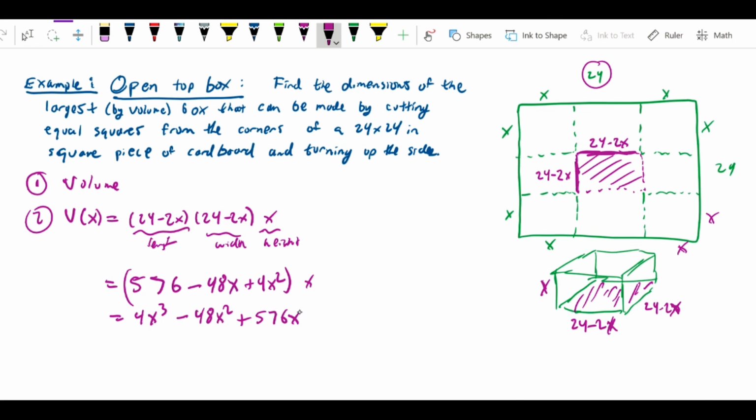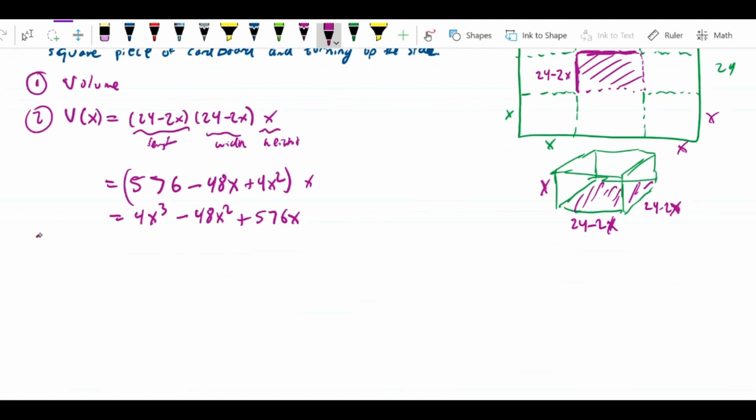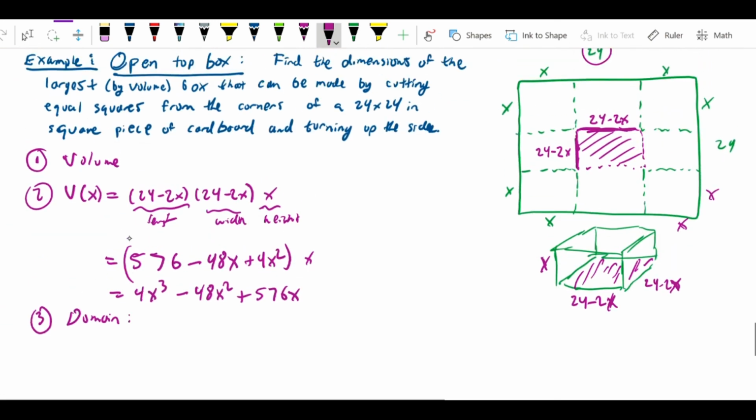Now, let's find the domain. Clearly the smallest cut that I can take is 0. In other words, the least amount that I can cut out of the corner is none, so the lowest possible x value is 0.